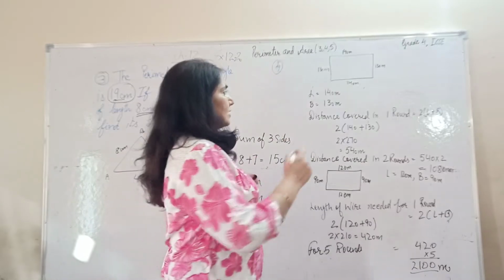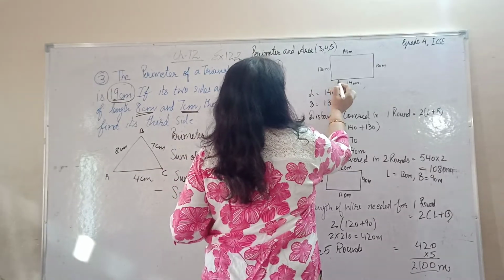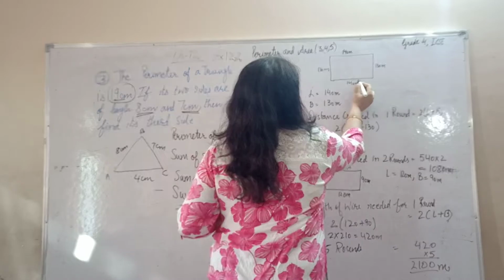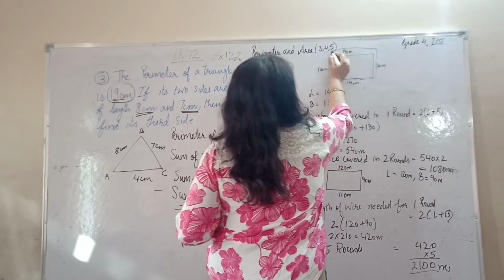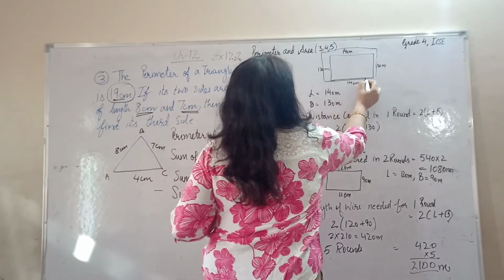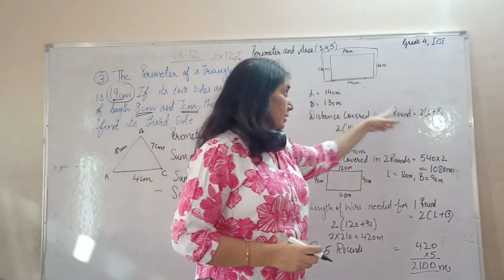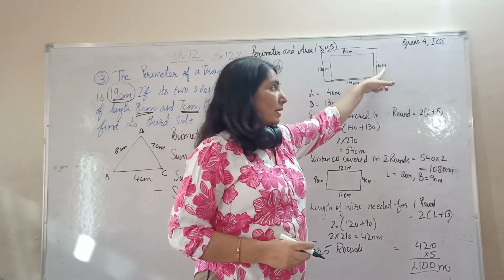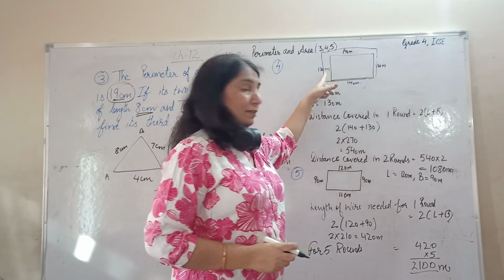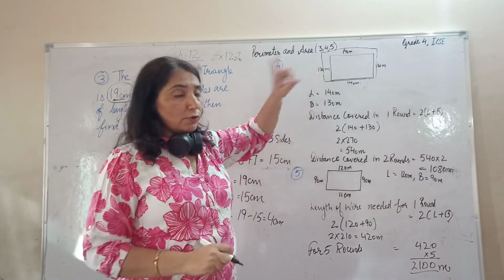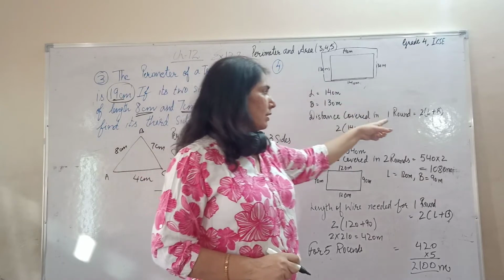Now one has to cover the distance, that will be 1 round. So the distance covered in 1 round is 140 plus 130 plus 140 plus 130. But in rectangle you are supposed to use formula.